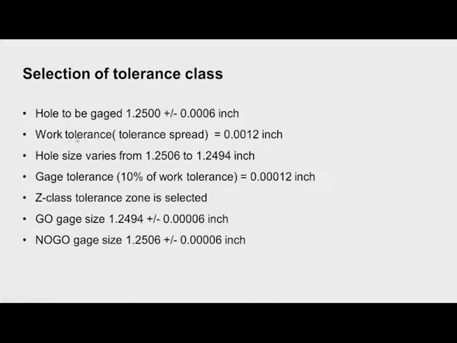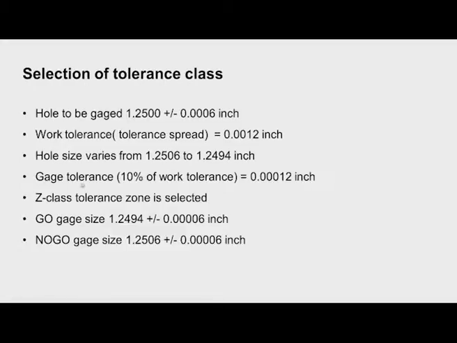So the work tolerance, or the tolerance spread, will be double this value, that is 0.0012 inch, and in that case the maximum hole size will be 1.2506 inch and the minimum size will be 1.25 minus 0.0006 inch, that is 1.2494 inch.